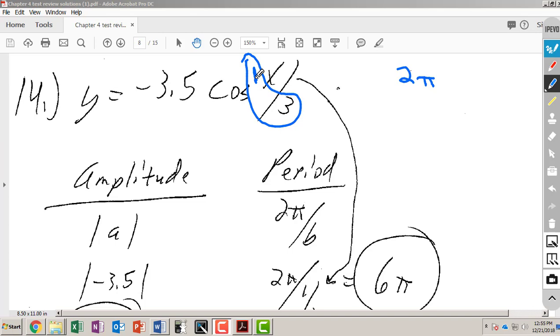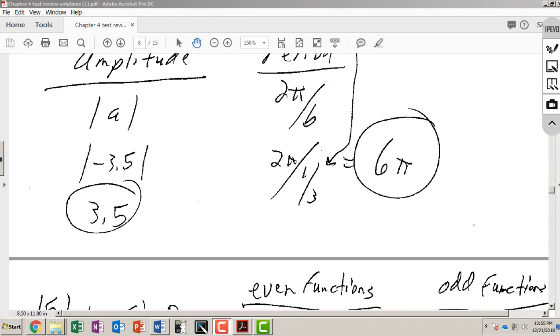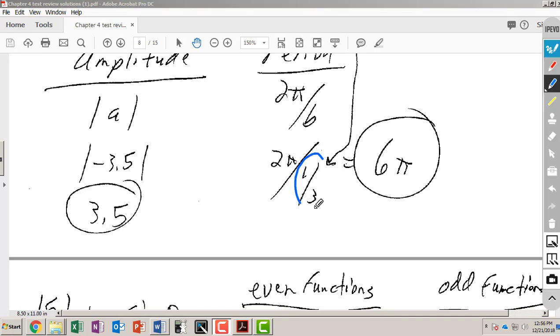If I take 2 pi and divide it by 1/3, that's going to be my period, or how long it takes for this graph to repeat itself. So 2 pi divided by whatever number is in front of x, which in this case was 1/3. 2 pi divided by 1/3, flip and multiply, and you get the answer of 6 pi. So my amplitude is 3.5. My period is 6 pi.